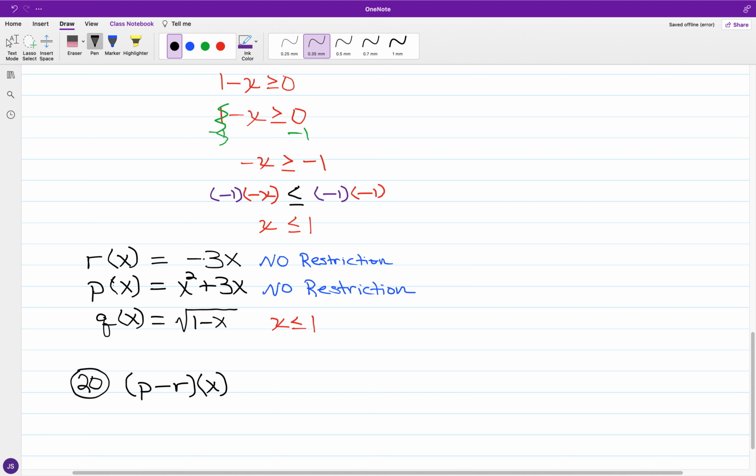Again, neither p of x nor r of x will have any restrictions. And again, the sum, difference, and product functions will have their restrictions on the basis of combining the restrictions, if any, for the individual functions involved. So p of x and r of x have no restriction, and the same thing is going to apply for the difference function.